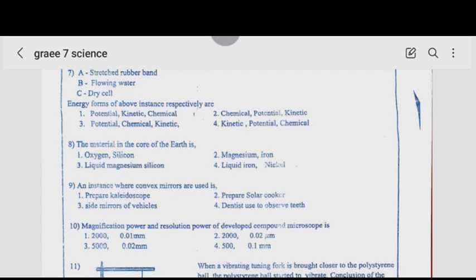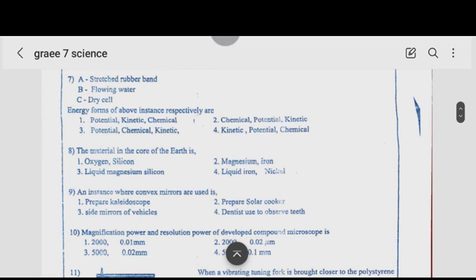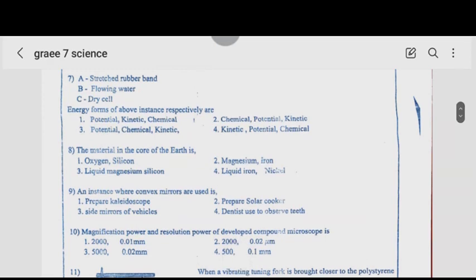So let's read the question. Energy forms of the above instances respectively are. We are going to find the energy form from A to C. When we stretch the rubber band, what kind of energy does it have? Is it kinetic?